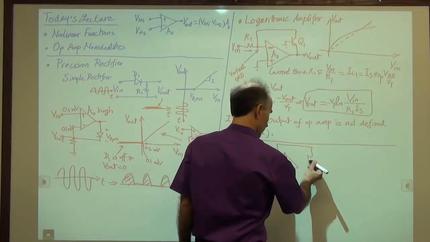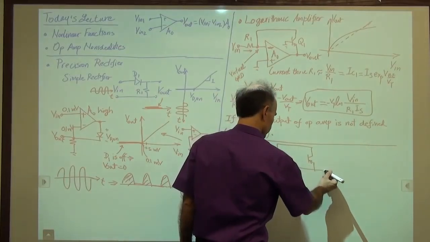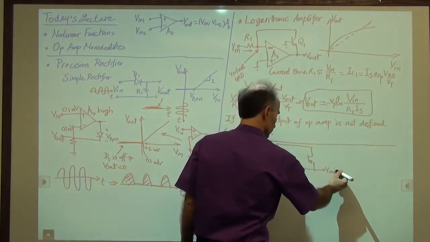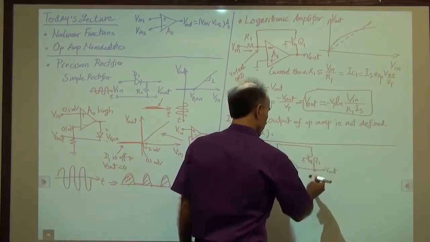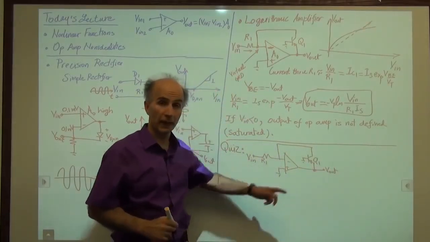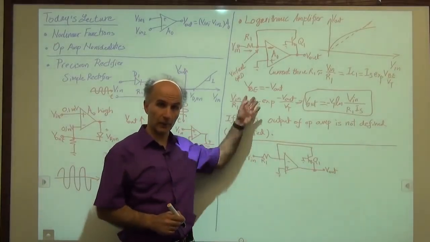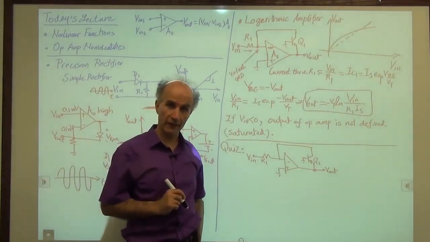So here's a PNP transistor, and the base is still grounded, and we would like to write the output in terms of the input like before. I will give you 90 seconds.